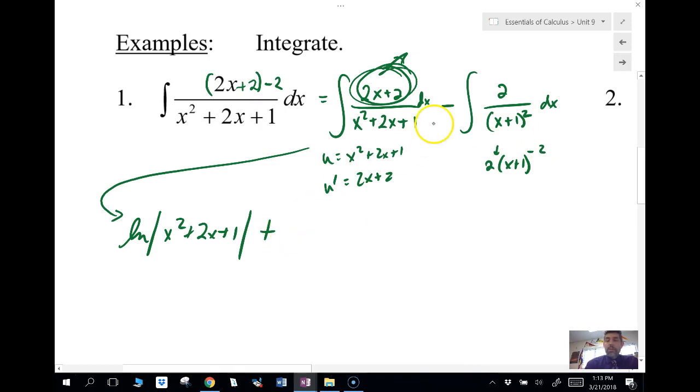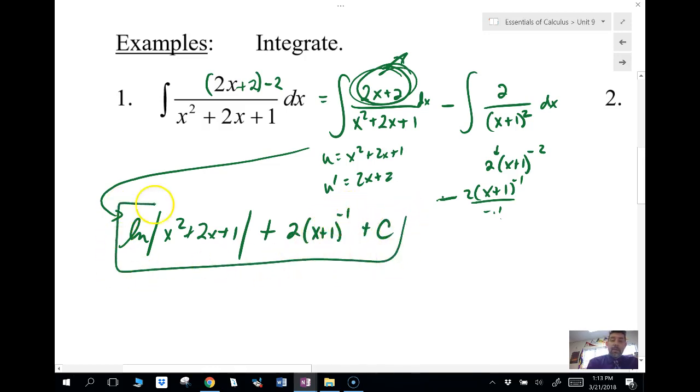When I integrate this, I'm going to have minus 2 times x plus 1 to the negative 1 divided by negative 1, which is really going to make a negative and a negative positive. So I'm going to have plus 2 times x plus 1 to the negative 1 plus c. All right, so that's an example of adding and subtracting the same value in the numerator.